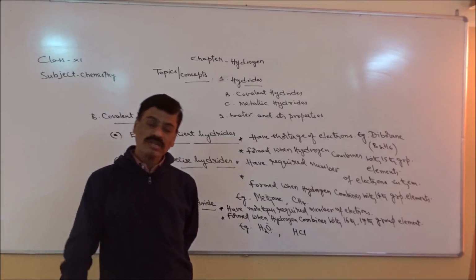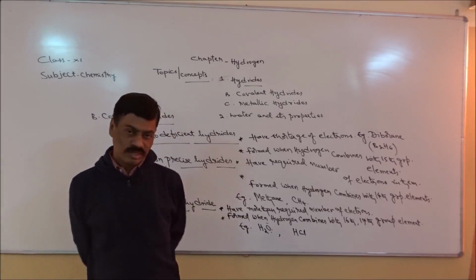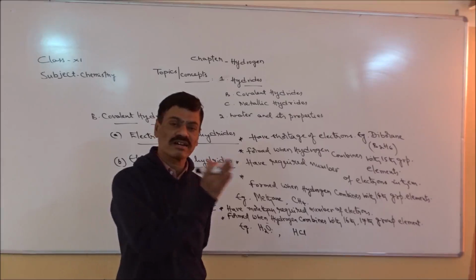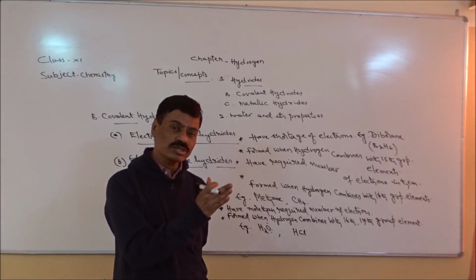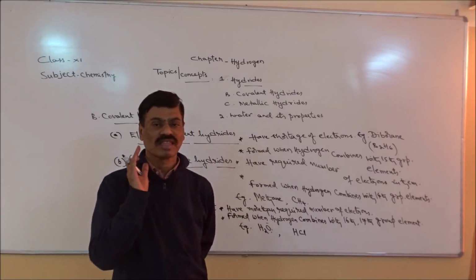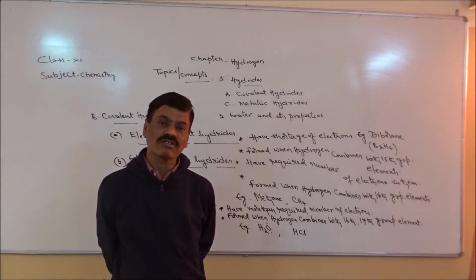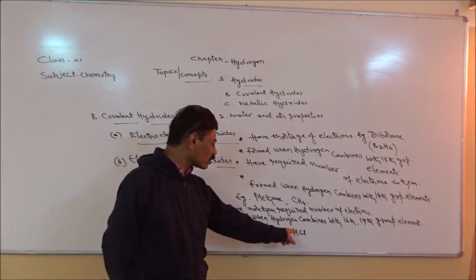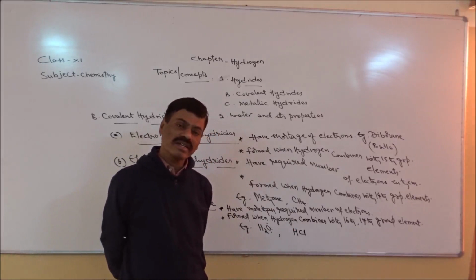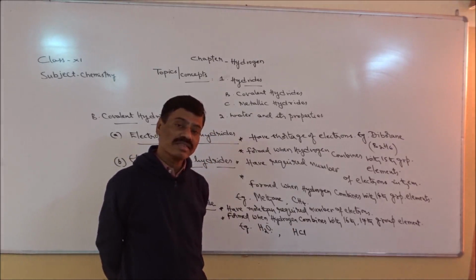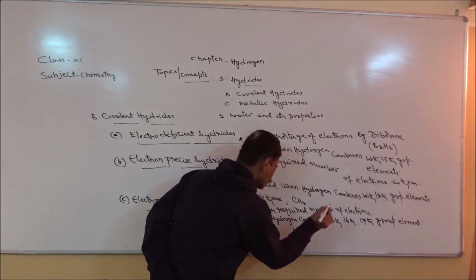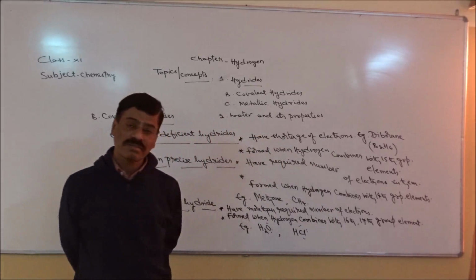You recall the electronic configuration 1s2, 2s2, 2p6, 10 electrons over, then 3s2, 3p5. Means 7 electrons are there in the outermost shell. Out of those 7, 1 is taking part in the bond formation, and the remaining 6 electrons will be there around chlorine. So it is an electron rich species.